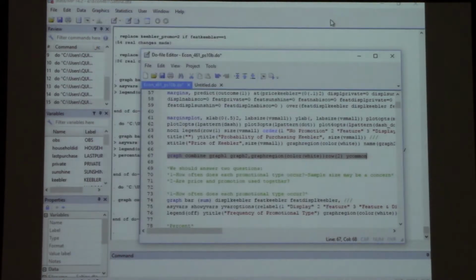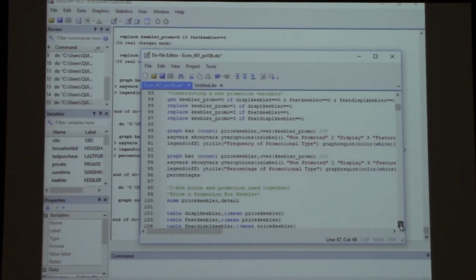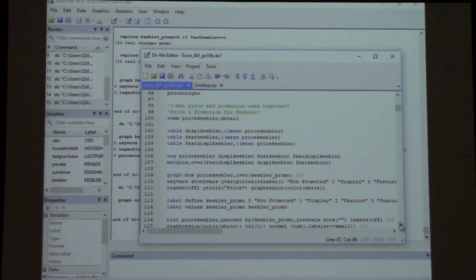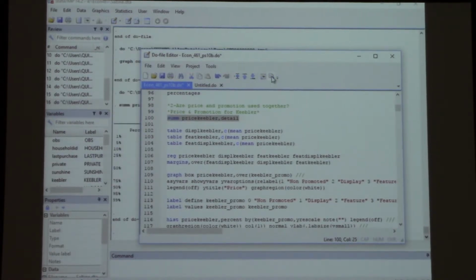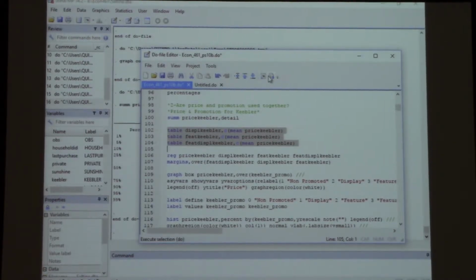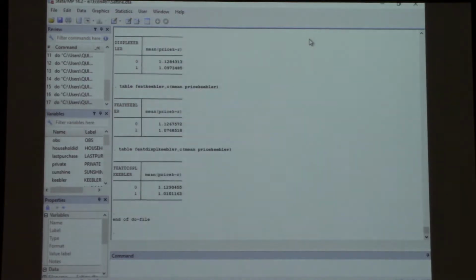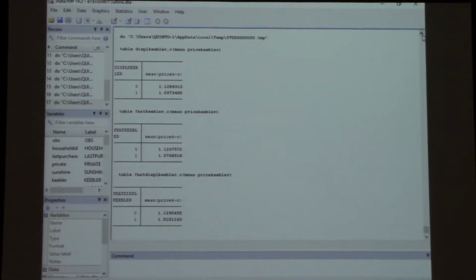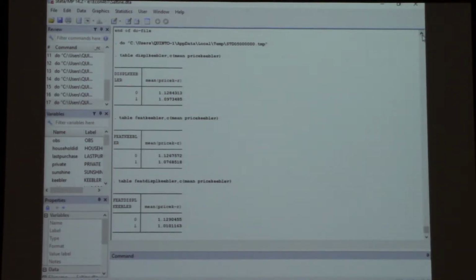All right, the other thing is let's examine prices. All right, so we can kind of look at this. Yeah, that's not very good. Let's look at this. And again, these are awkward because we've got 3 tables. We could see that the non-promoted price is $1.13.